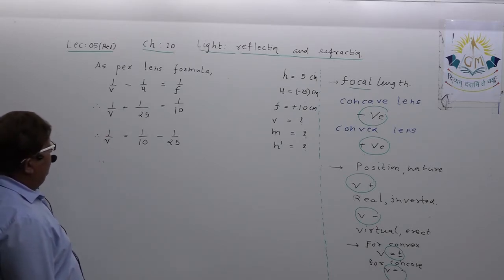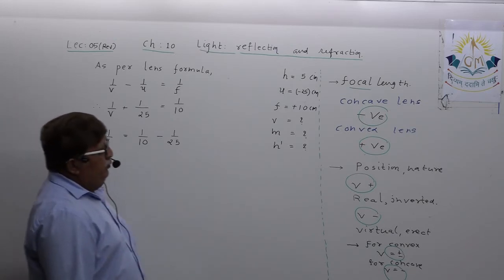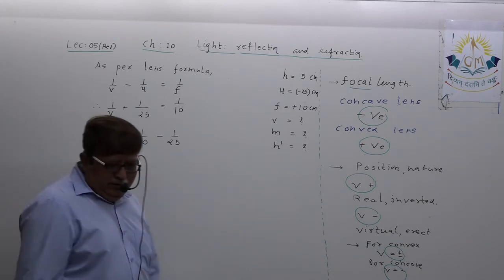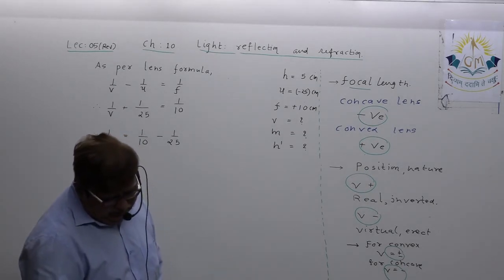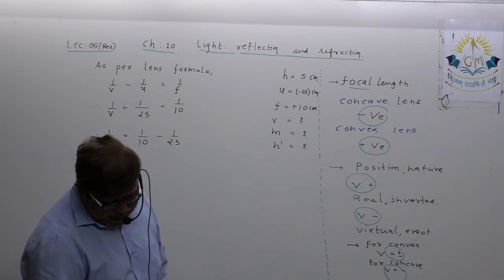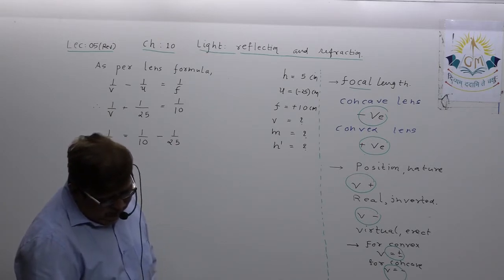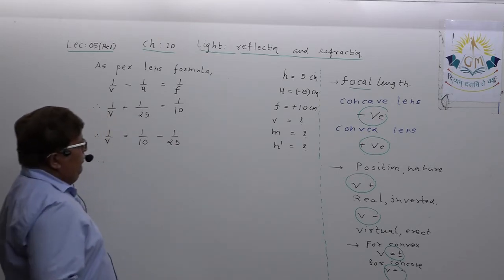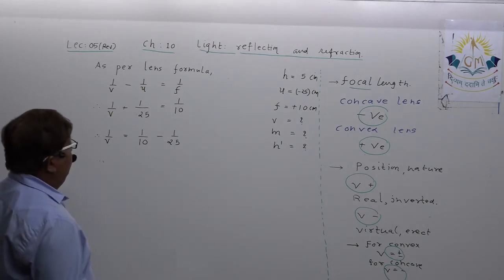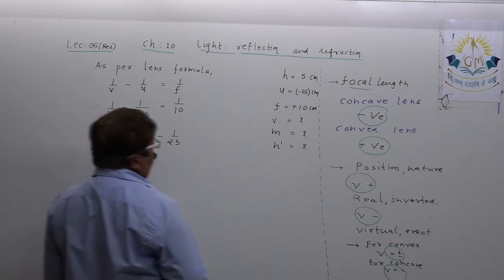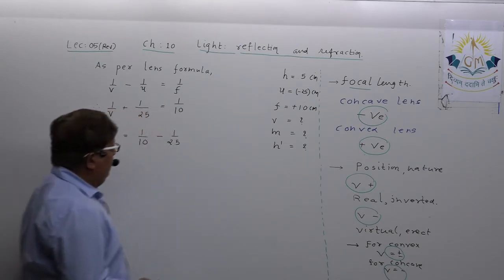We have already mentioned all the values, and it has been mentioned that it is a converging lens. Understand, focal length 10 centimeter and the object is 25 centimeter away. Understand, converging lens, it has been mentioned already.